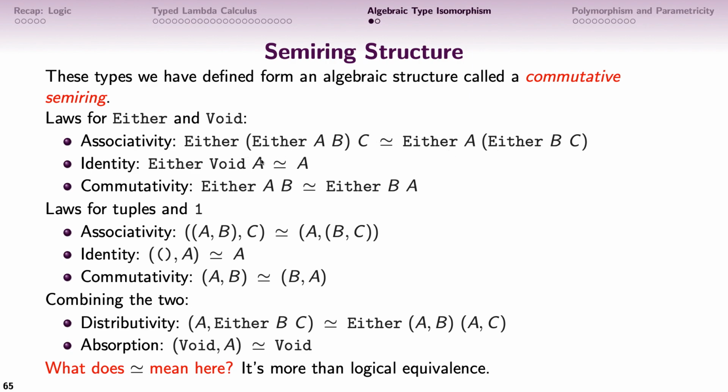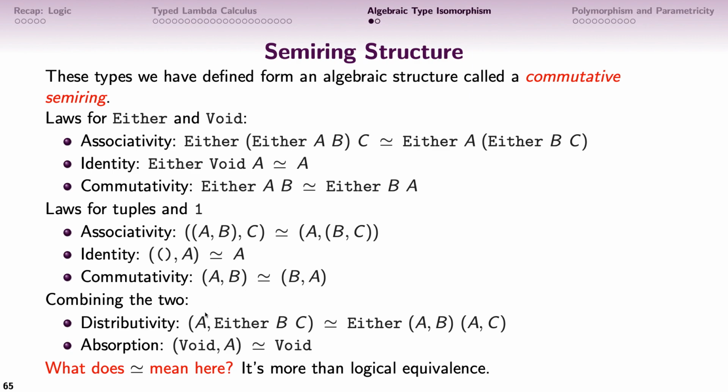Similarly, 0 plus a is the same as a, and a plus b is b plus a. This is just addition, right? And for tuples, it's just multiplication. A times b times c is the same regardless of where I put the brackets. 1 times a is a, and a times b is b times a.